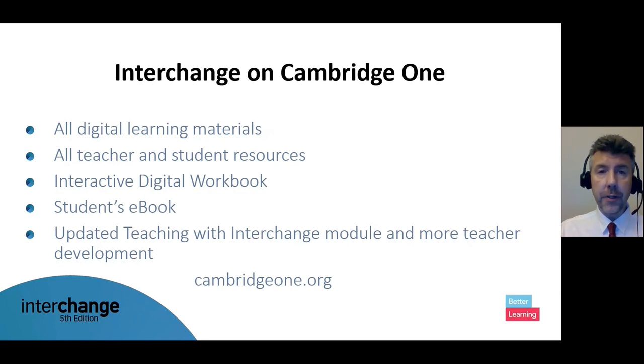Now, all versions of the Interchange Students book will come with an ebook. There's the Student's Book with ebook and the Student's Book with digital pack, which also contains the ebook. Additionally, we are updating the Teaching with Interchange module and adding those to the teacher development. Again, all of this is on cambridge1.org.